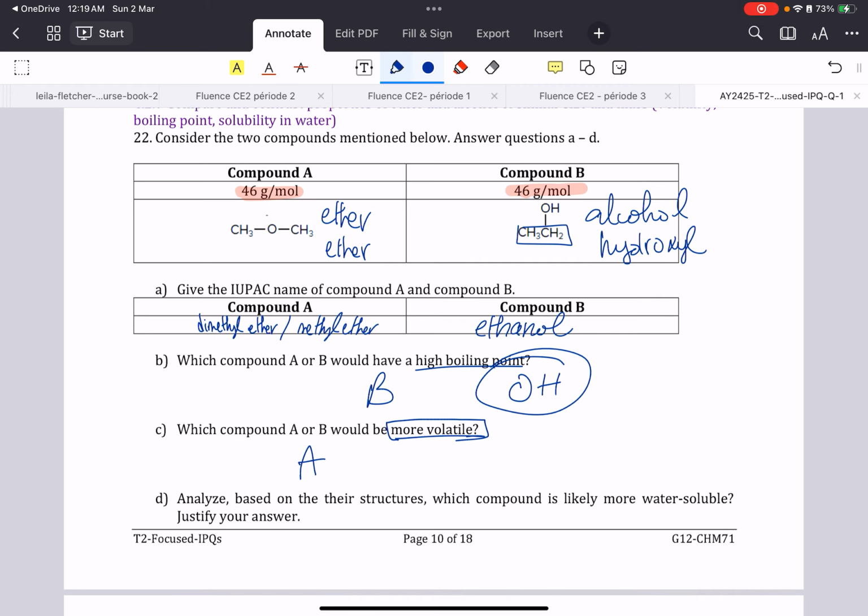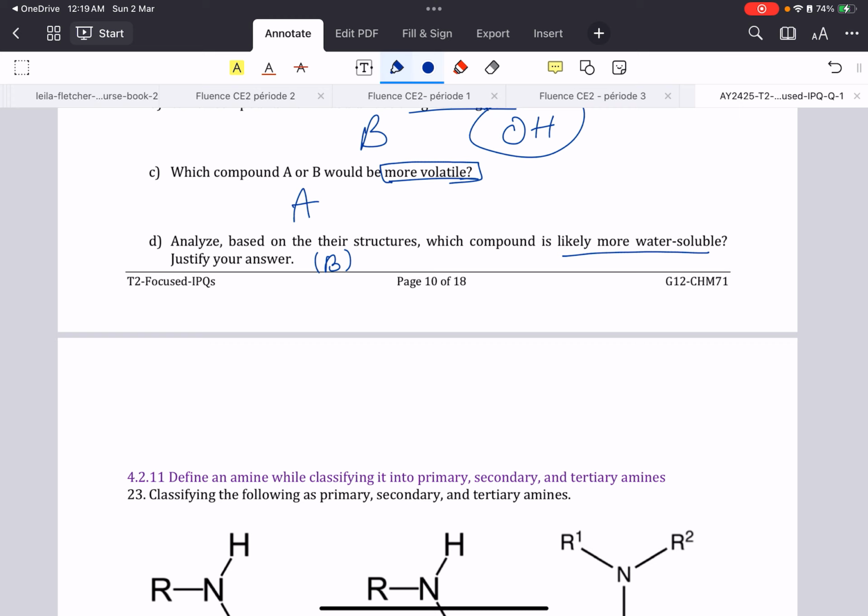Analyze based on their structure which compound is more water soluble. Actually, both of them are water soluble, except that alcohol is more water soluble, because you have to mention all the reasons.